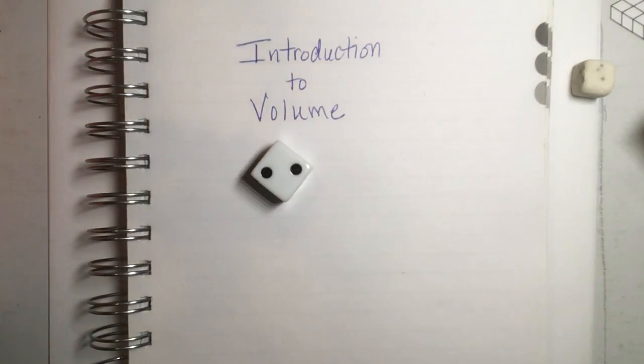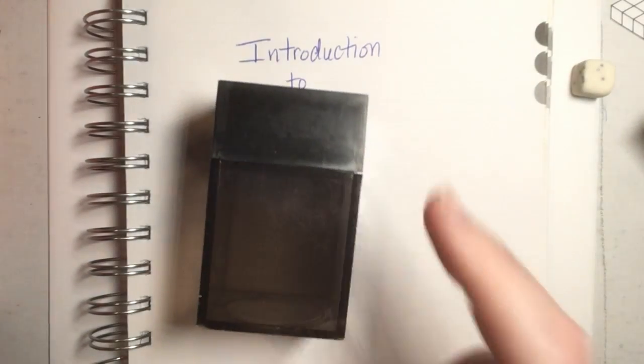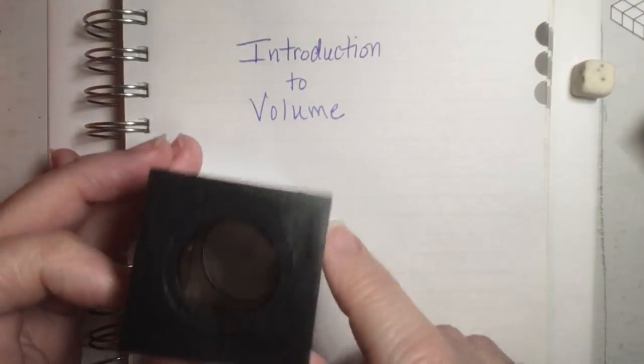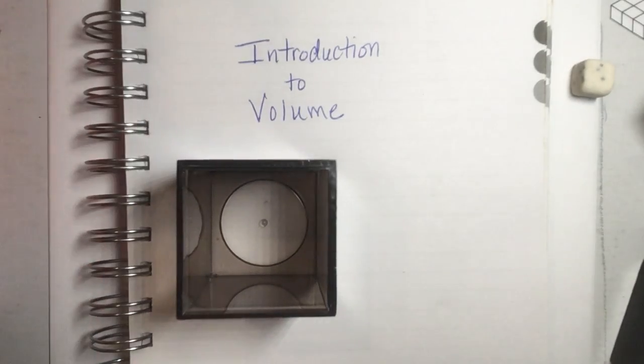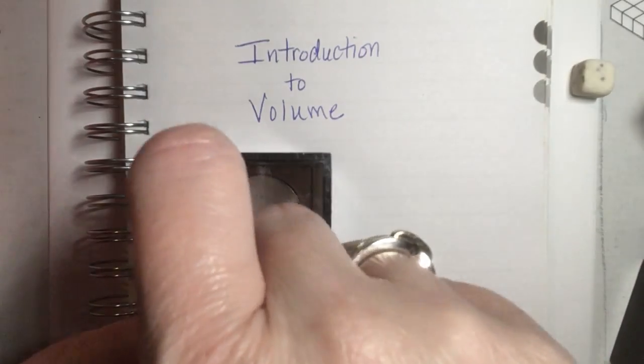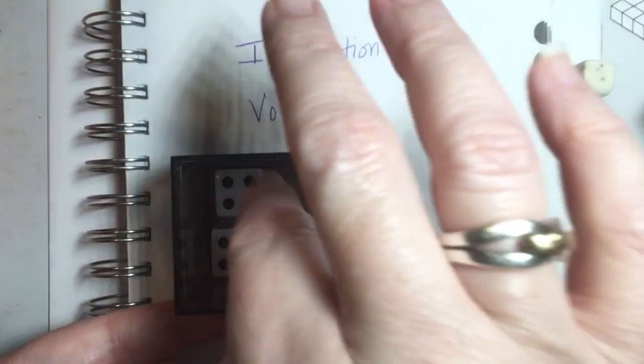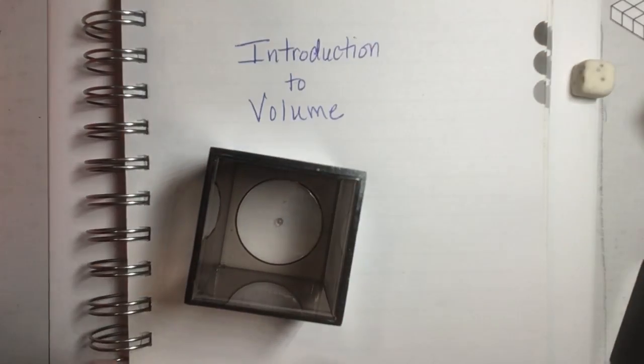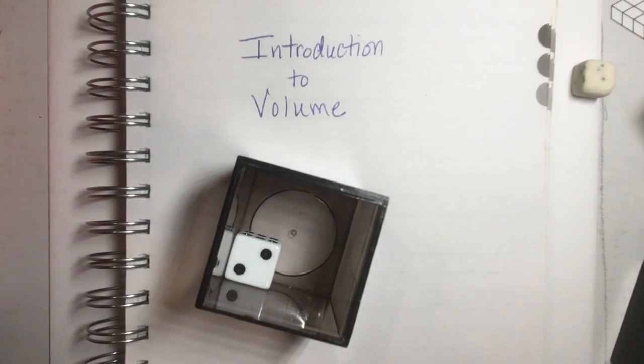Okay, so anyway, we use cubes to measure volume because cubes can fill things up. So here I have a rectangular prism. It's just a paperclip holder, right? But I'm going to show you that you can use the cubes to fill this up. Now, we're going to pretend like these cubes fill the whole bottom of this.